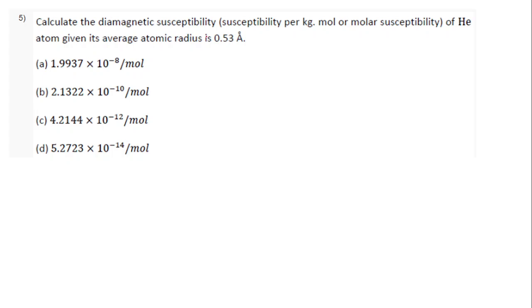Calculate the diamagnetic susceptibility, that is susceptibility per kg mole or molar susceptibility of helium atom, given the average atomic radius is 0.53 angstrom. We need to calculate diamagnetic susceptibility.